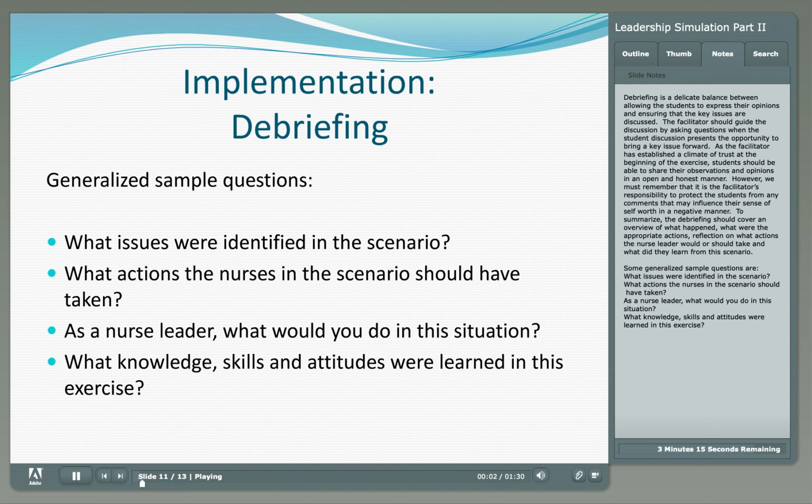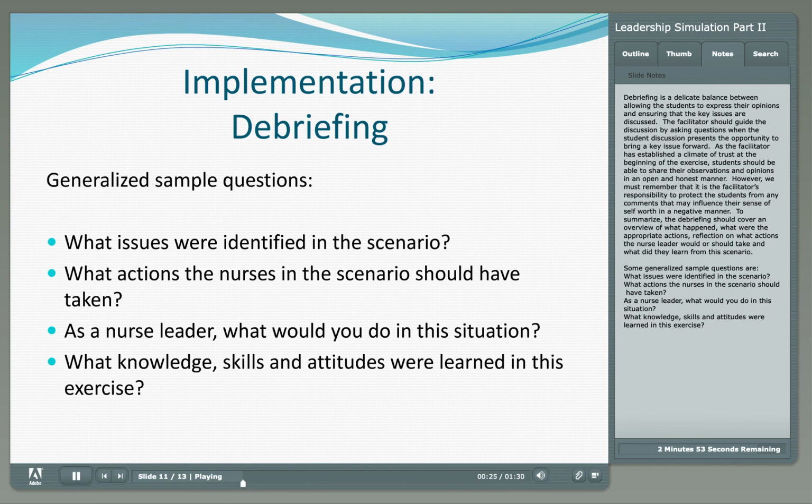Implementation, debriefing. Debriefing is a delicate balance between allowing the students to express their opinions and ensuring that the key issues are discussed. The facilitator should guide the discussion by asking questions when the student discussion presents the opportunity to bring a key issue forward.